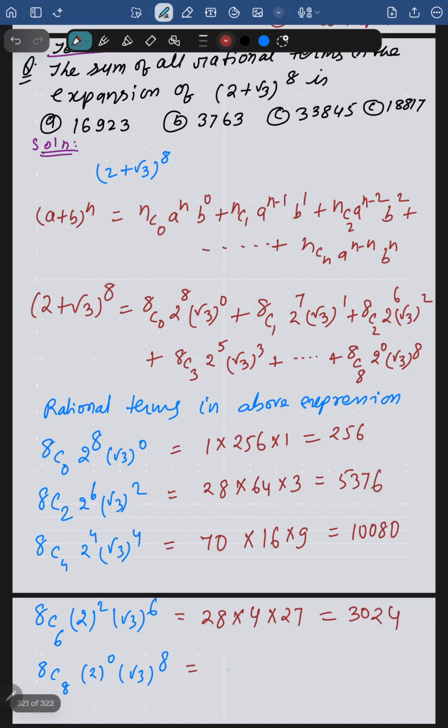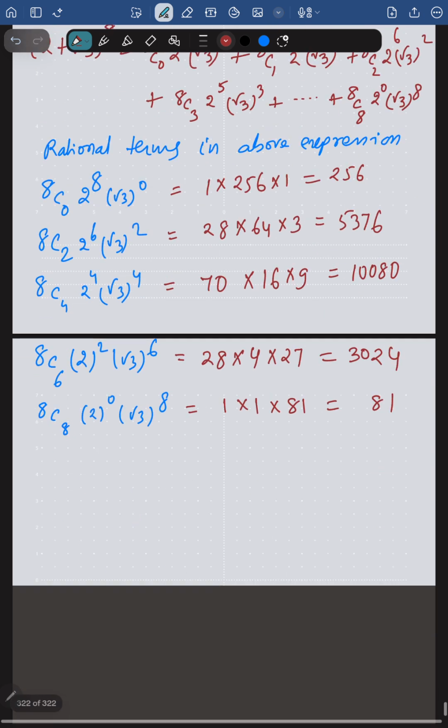And 8C8 is nothing but 1 into 1, and this will give you 81. (√3)^8 is 3 into 3 is 9, 9 into 3 is 27, 27 into 3 is 81, because √3 into √3 will give you 3, so 8 as power means 3^4, that will give you 81.